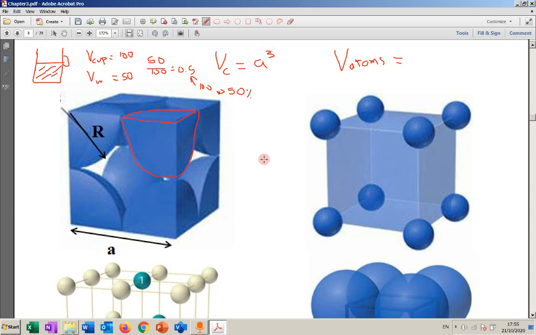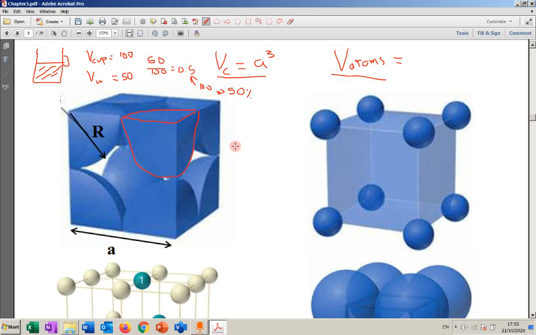Atomic packing factor is similar. We want to know the volume of the atoms, and we imagine the atoms are the water, because it's filling this cup, and the cup is the cube. This is the volume of the cup, and this is the volume of the water.